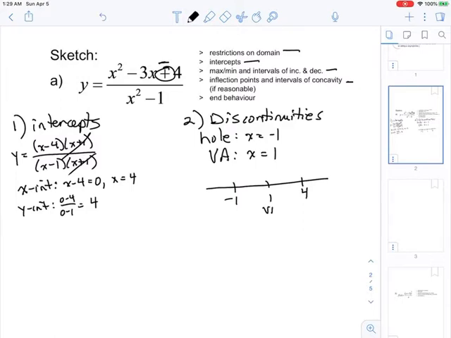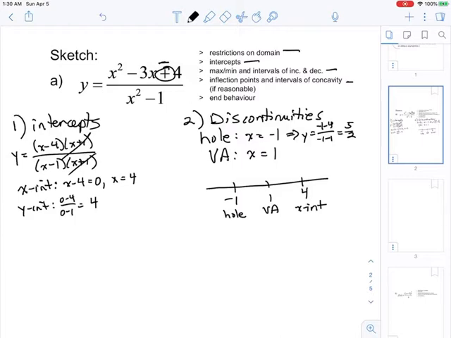This is a hole, this is a vertical asymptote, and this is our x-intercept. Incidentally, at the hole, y equals -1 minus 4 over -1 minus 1, which equals +5/2.